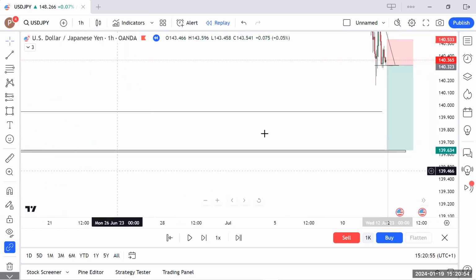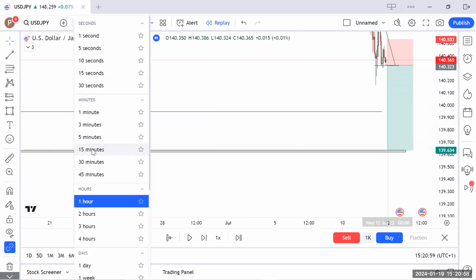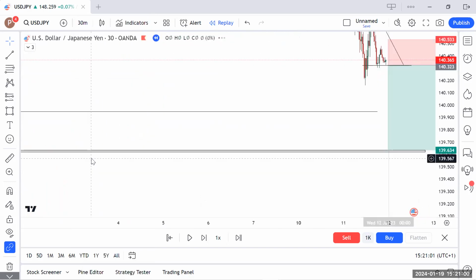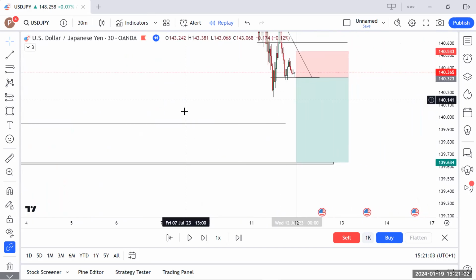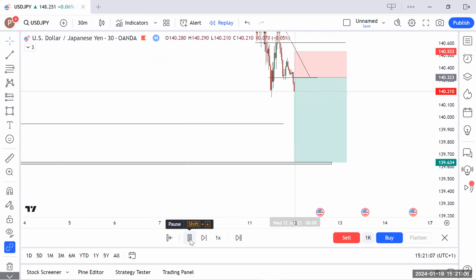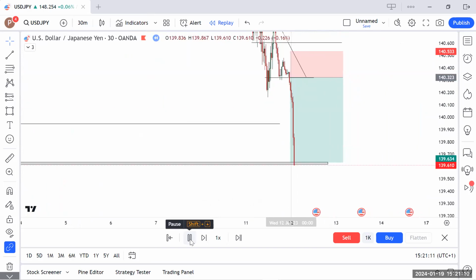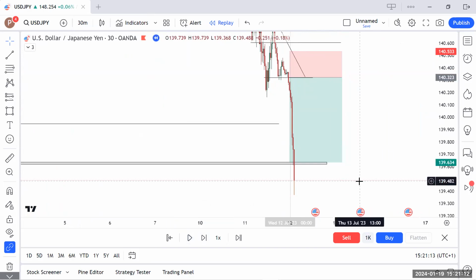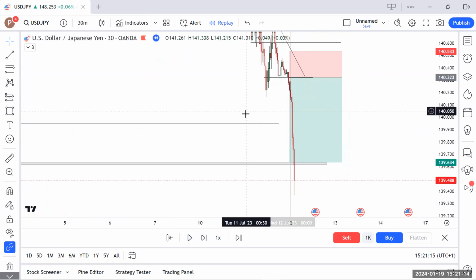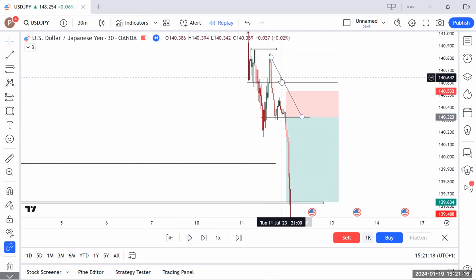That is where we put our take profits. So move back to the 30 minutes. Our price went all the way straight down into our take profits. So that was the trade.